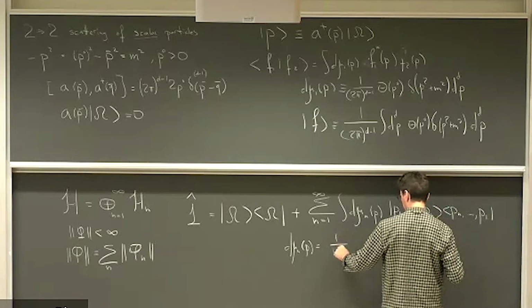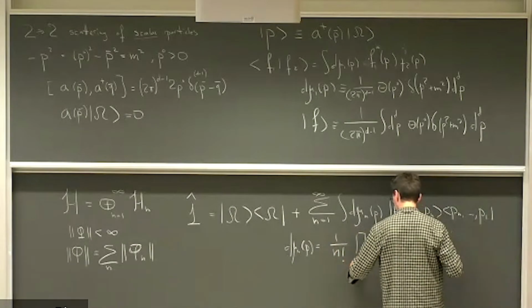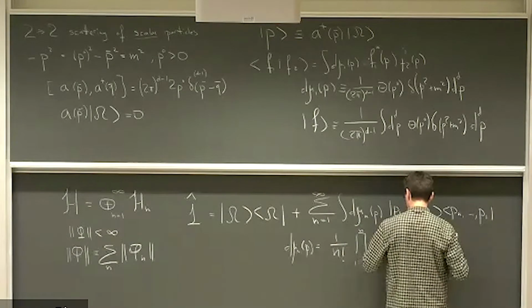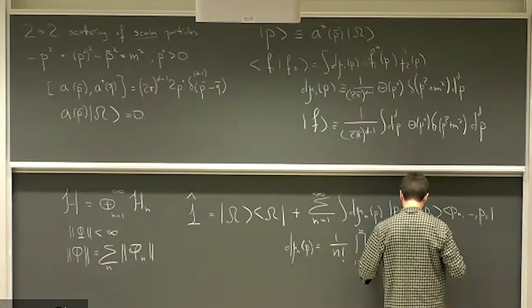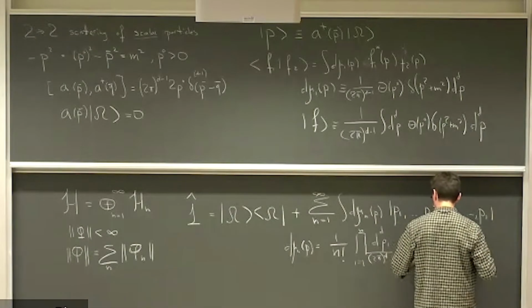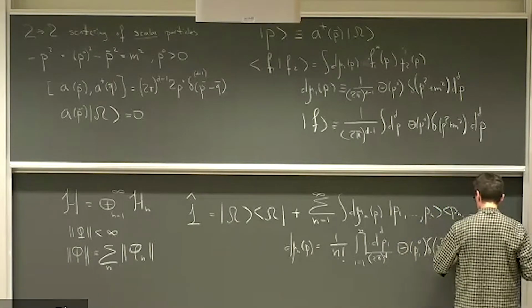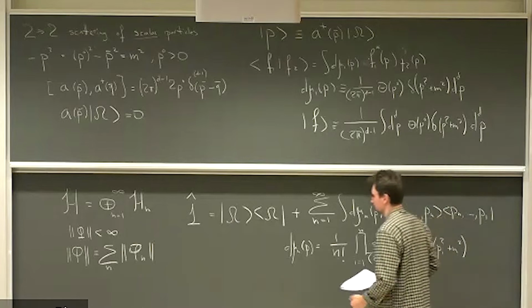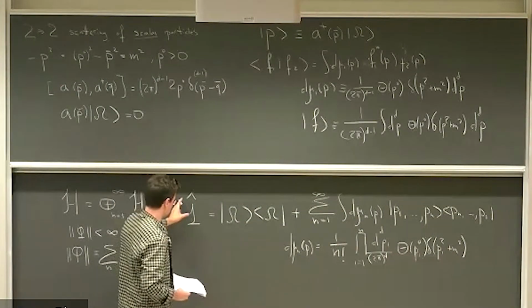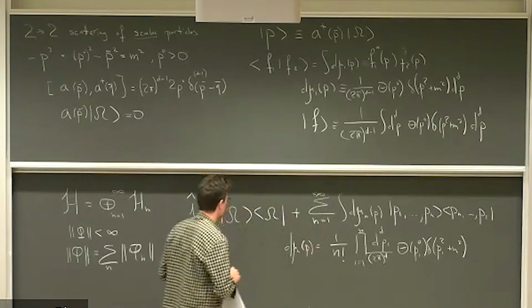We have this 1 over factorial permutation symmetry, and you have again this. You see that the identity operator here involves all kinds of multi-particle scattering.